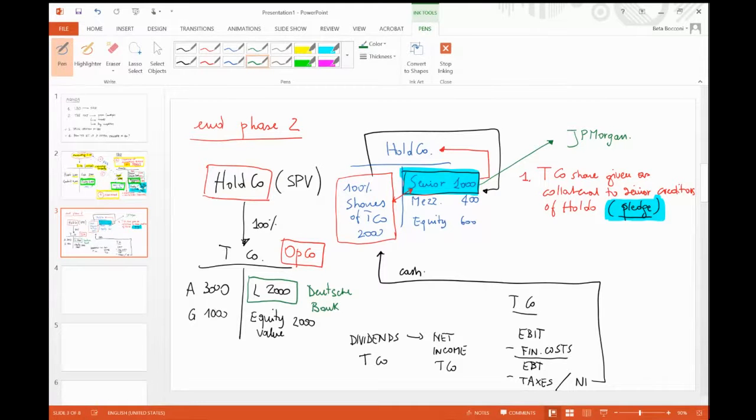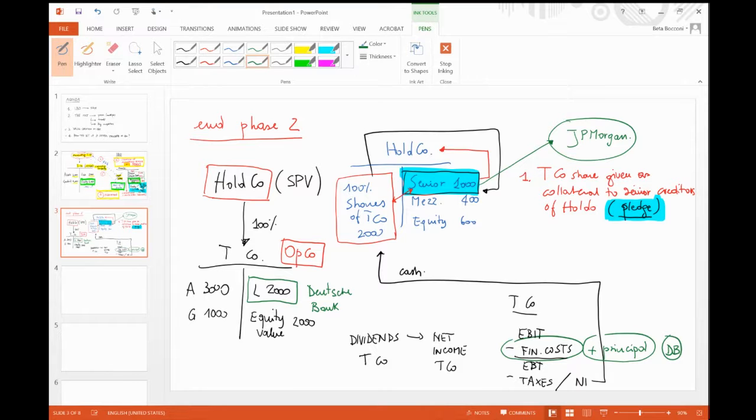You can imagine that if you stop the LBO at this level, TICO will pay financial costs and principal. This is the effect on the cash flow statement to Deutsche Bank before JP Morgan can be paid.